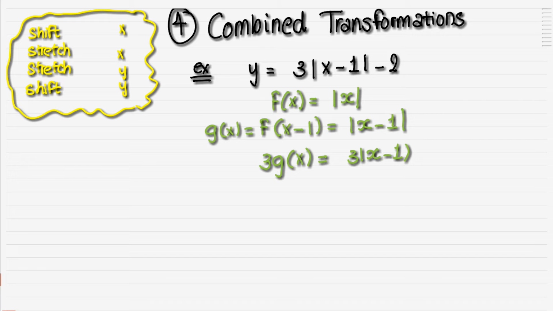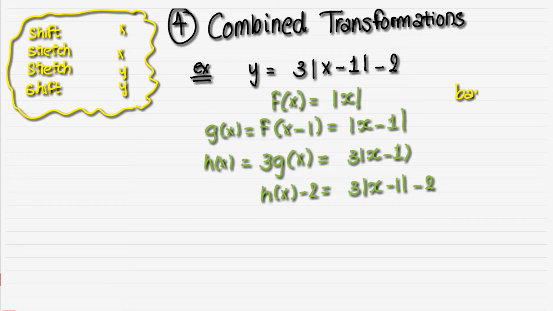Then we had the final step. Let's just call it h of x, and yes, the final step was the shift on the y, and what we did is that we had h of x, we took from it minus 2, and that left us with 3 into absolute x minus 1, minus 2.